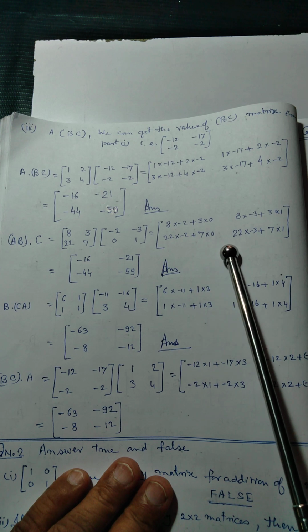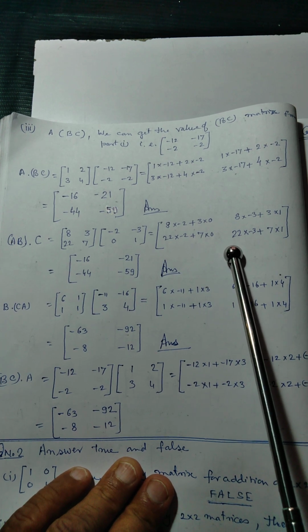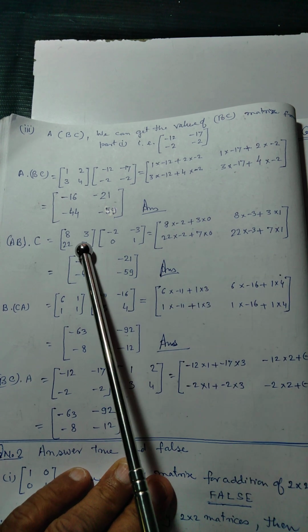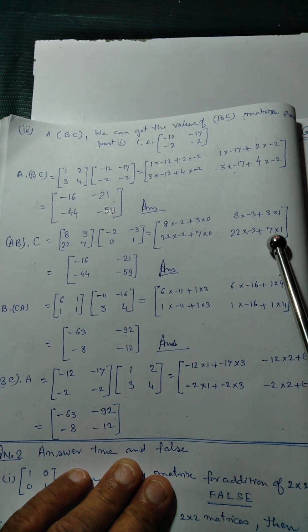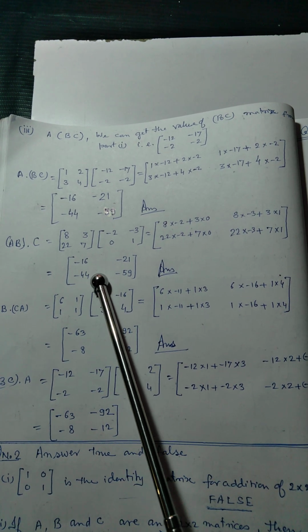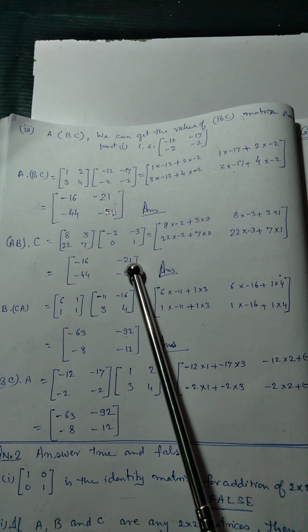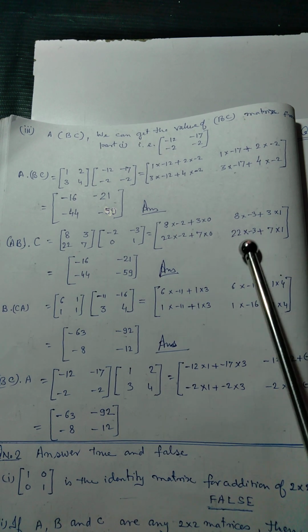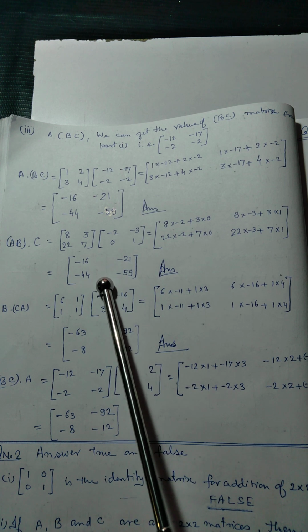Again 22 will be multiplied to minus 3 and 7 will be multiplied to 1. So ultimately the product result will be minus 16, minus 21, minus 44, minus 59. If you solve it completely, you will get the same result.